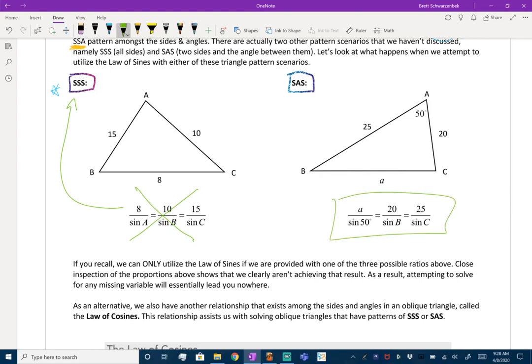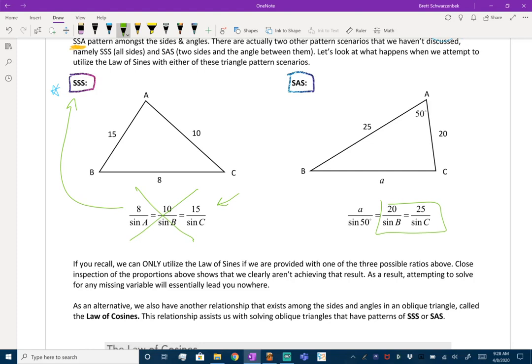So we look at this and go, well, this is a little different. We do have an angle sitting there, but again, let's try taking any two at a time. So let's say we took these two. What do we have? We have a missing little a and a missing angle B. So that's not going to work. If we take these two, it's going to be just like the law of cosines applied to side, side, side.